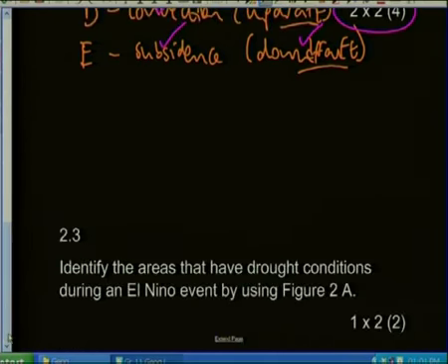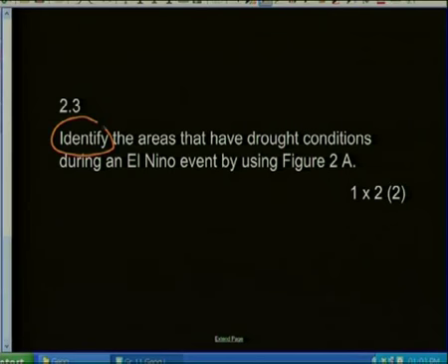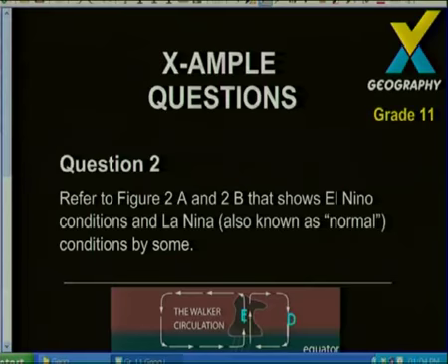Question 2.3, identify, right, there's our key word, name, and give the name of the areas that have drought conditions during an El Nino event by using figure 2.A. We're looking at a 1 times 2 mark question, so you need to give a region or an area and correctly identify it, and then you're going to get your 2 marks.